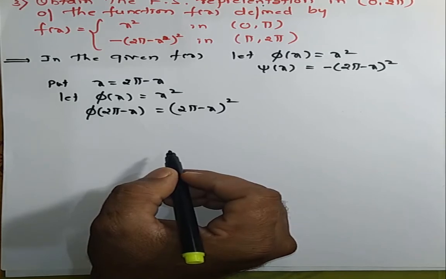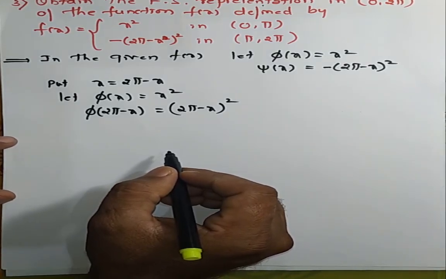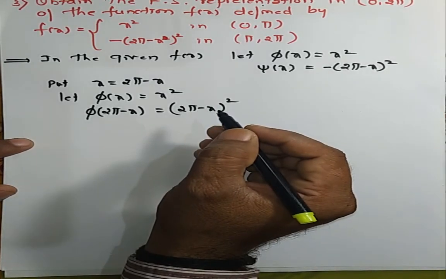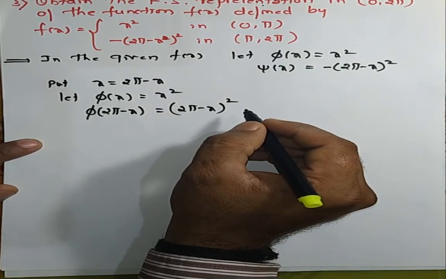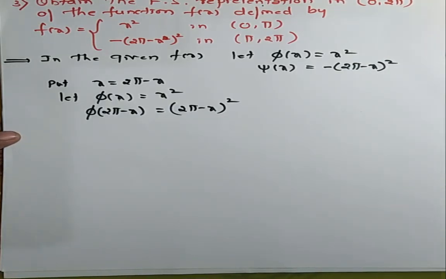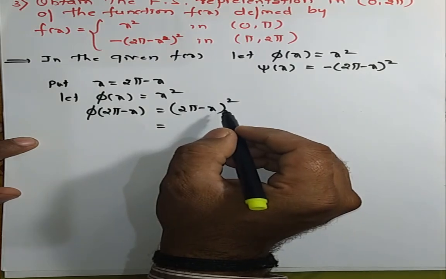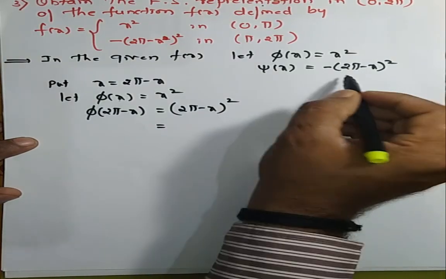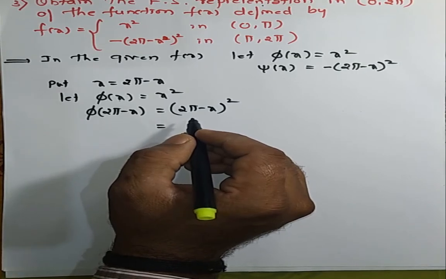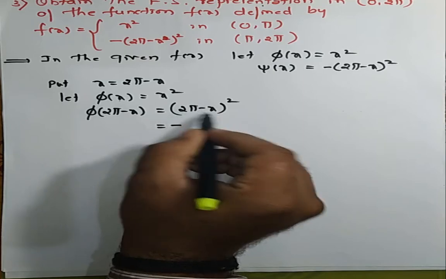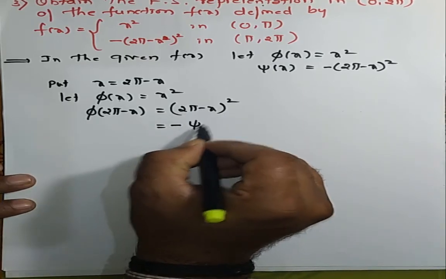Further, you observe here, I can write it like this also: phi of 2 pi minus x, the whole square. This is exactly nothing but psi of x. Therefore, with the minus, it is exactly phi of x, so you can write phi of x also.